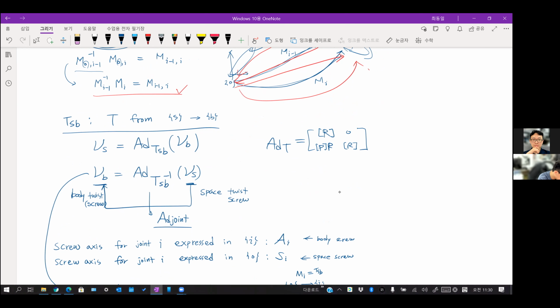The twist of S equals twist S and twist B, having this kind of relationship using the Adjoint, large Adjoint. So if we change this symbol S and B, then we have to move this one to here. Then we have to use the inverse of the Adjoint.